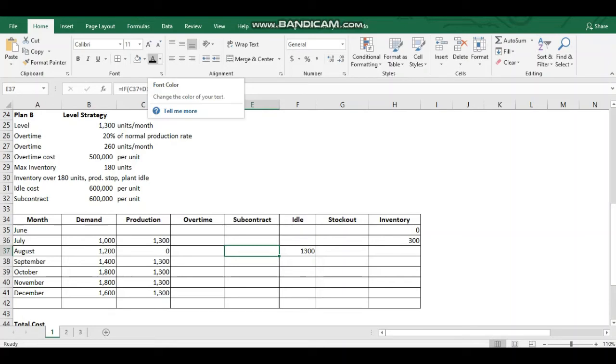As much as this number minus this number, demand of August minus inventory, we have 900 units left to be fulfilled, and we get it by subcontracting to another company. So the inventory is 0.